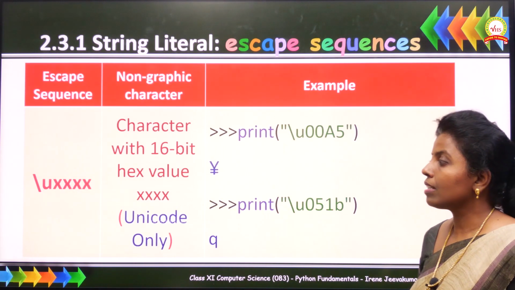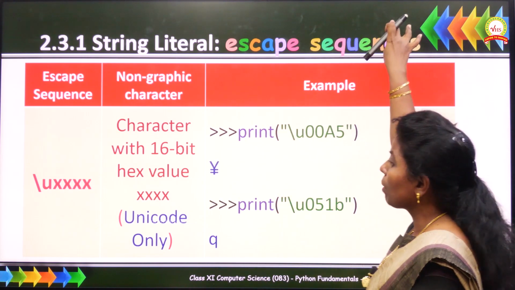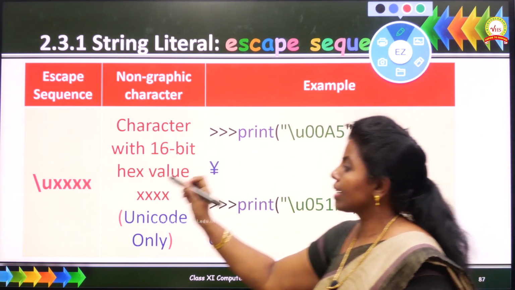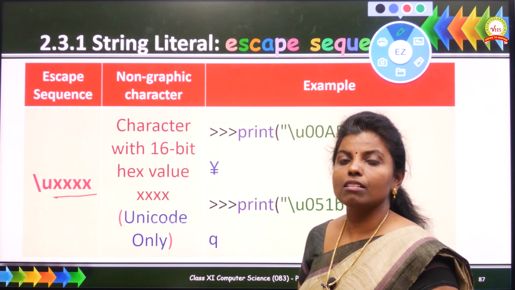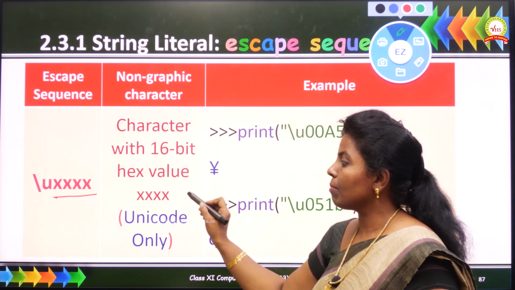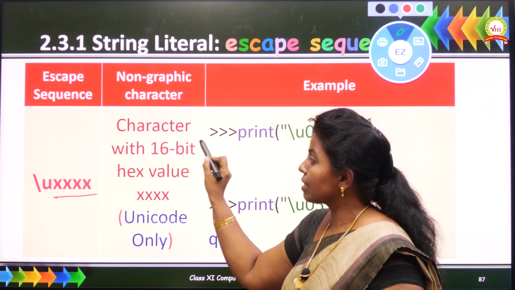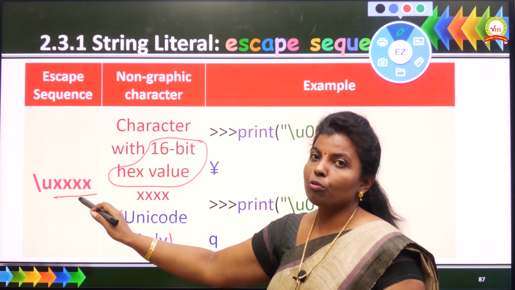\t. Next, let us move on to the next escape sequence, which is backslash u and x. So this is meant for hexadecimal digits. It is a character with 16-bit hexadecimal values. 16-bit hex values can be represented within 4 digits.